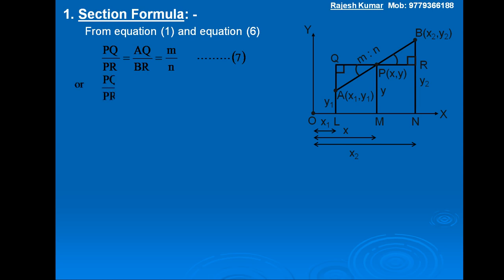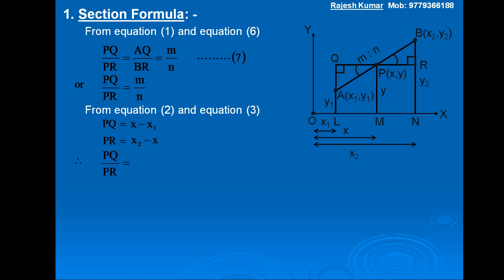Or PQ upon PR is equal to m upon n. Now from equation 2 and equation 3, we get PQ is equal to x minus x1, PR is equal to x2 minus x. Therefore, PQ upon PR is equal to m upon n.